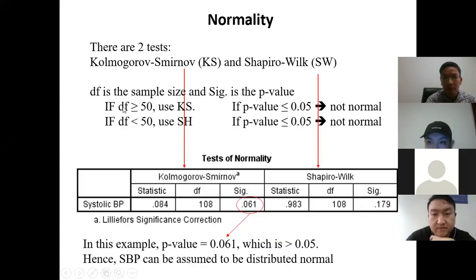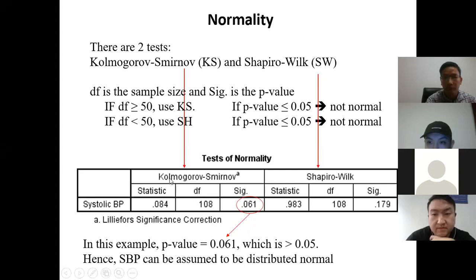We check this P value. If it's less than 0.05, we say not normal.